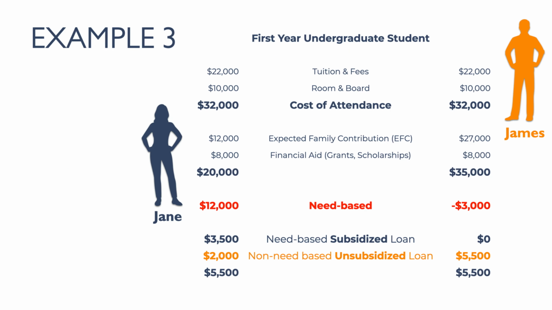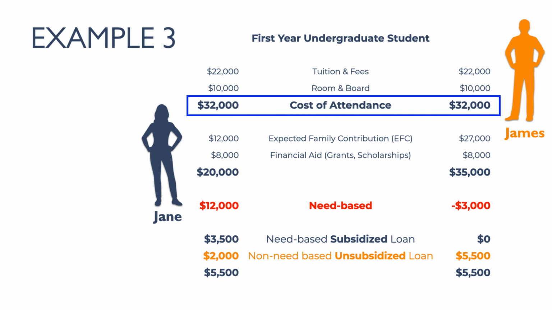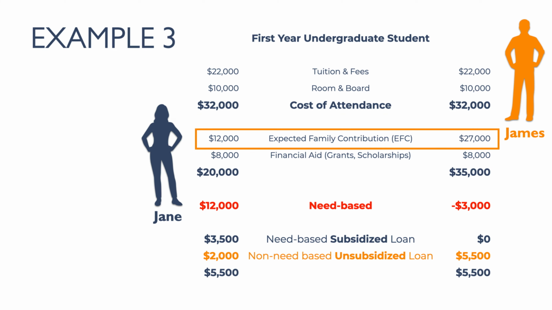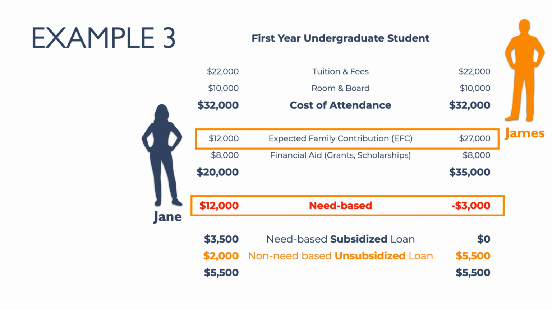Let's take an example involving two first-year undergraduate students, Jane and James, who attend the same school. Both students have a cost of attendance of $32,000 and receive $8,000 in scholarship. The key difference lies in their expected family contribution. Jane's EFC is $12,000, indicating a financial need of $12,000.